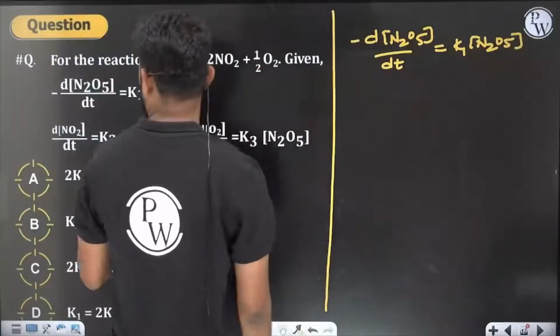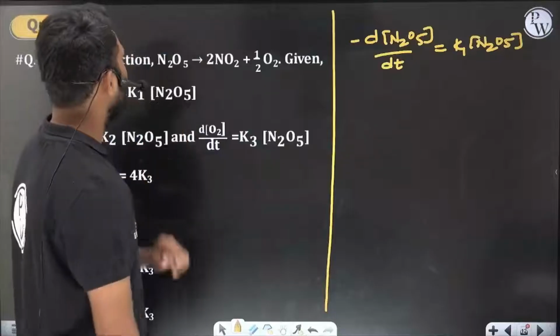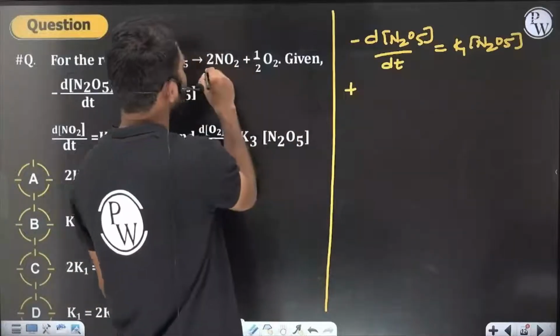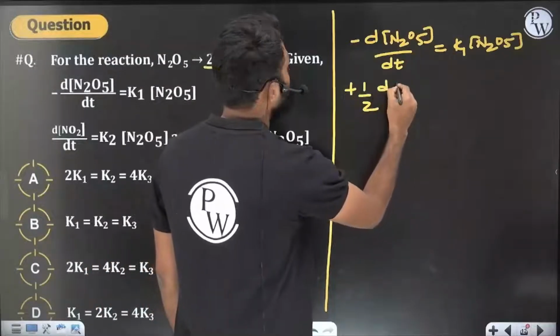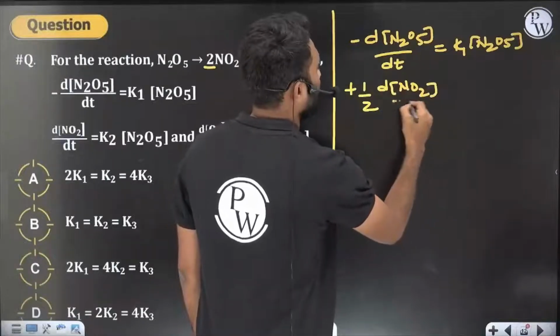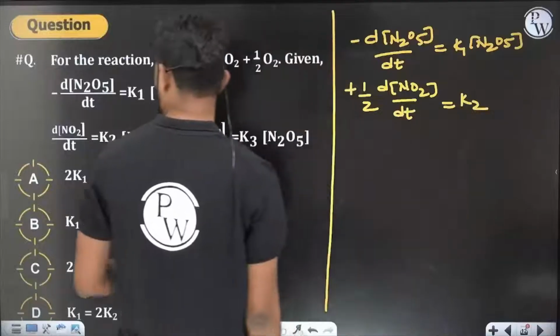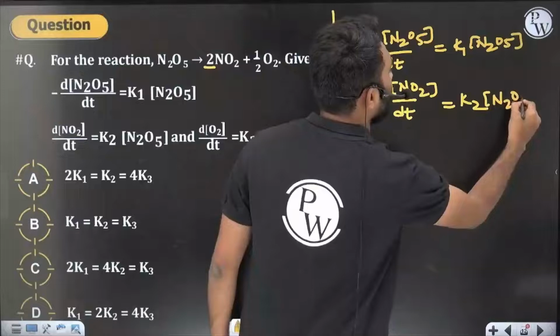Okay. Next, for this one, what have they given? NO2, plus, its stoichiometric coefficient is 1 by 2. Now d change in concentration of NO2 by dt is equal to K2 concentration of N2O5.